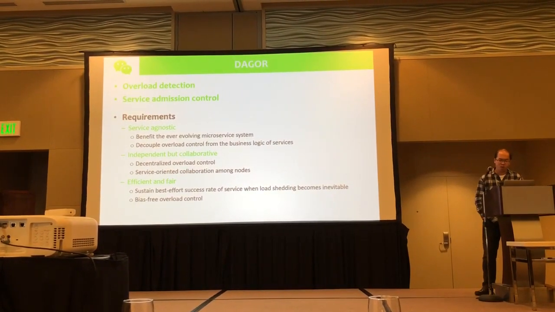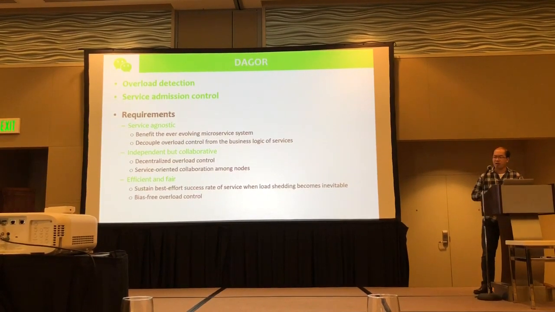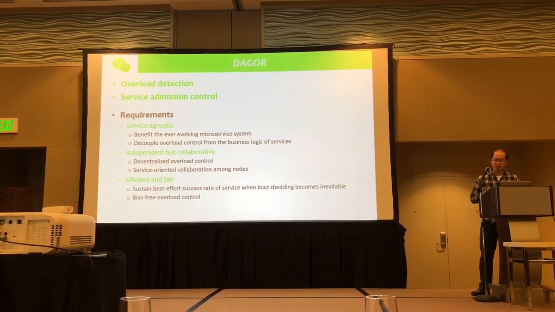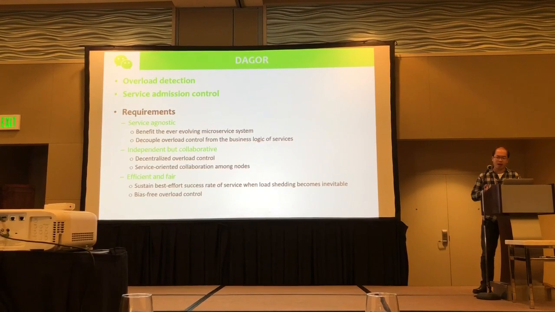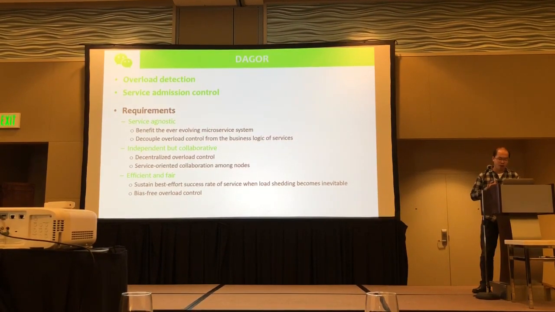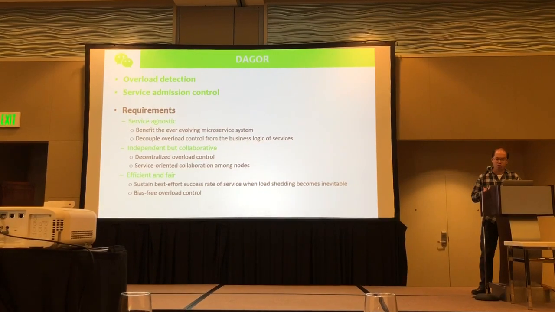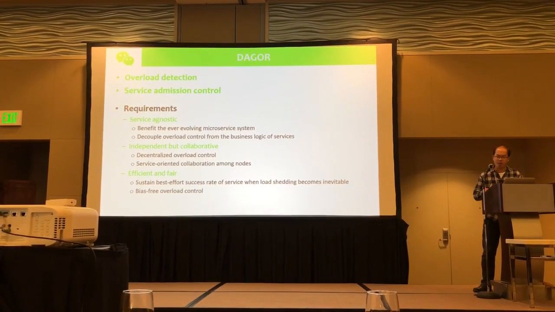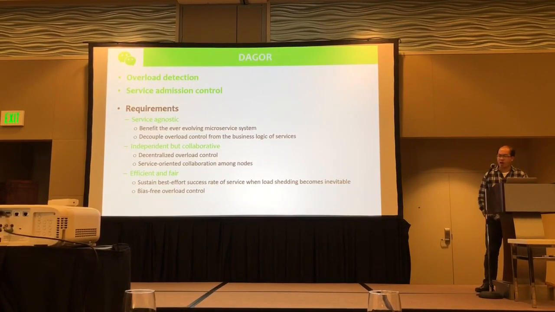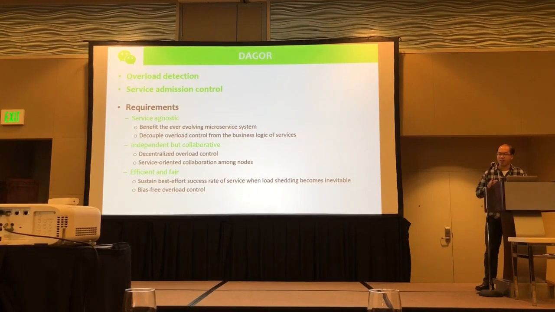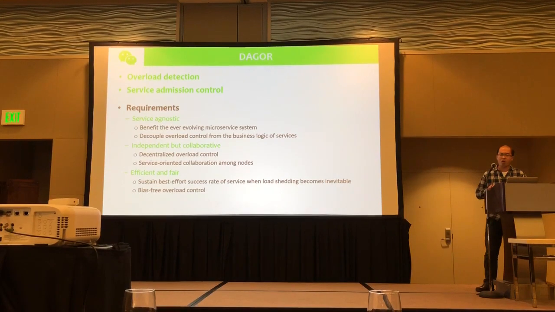The third requirement is efficient and fair. Because we want to maintain the user experience during the overload, we need to sustain the best effort success rate when load shedding becomes inevitable. And also, as we have analyzed in the previous slides, we have 3 types of overload scenarios.